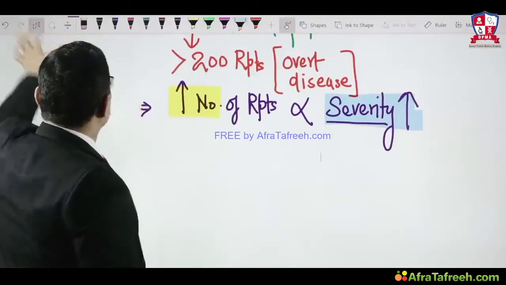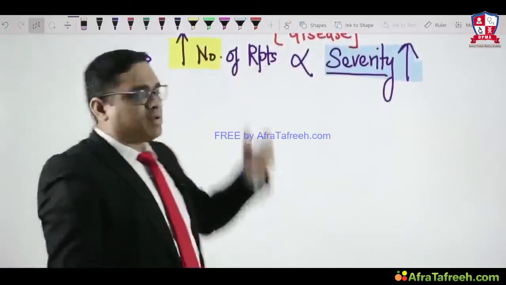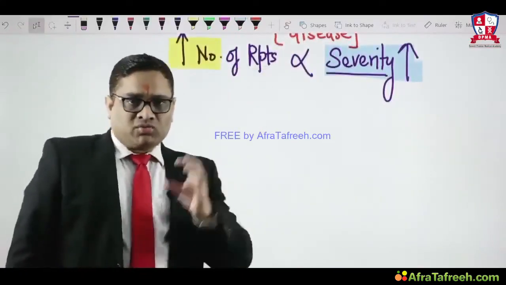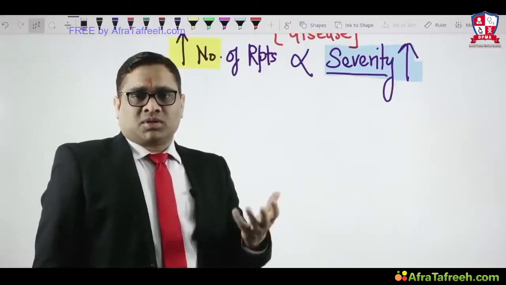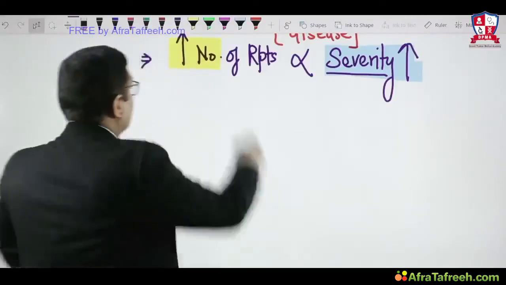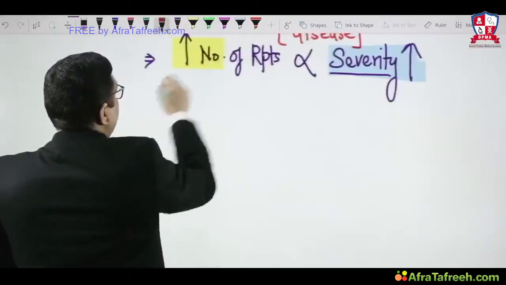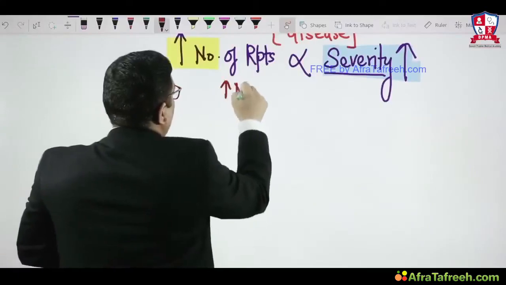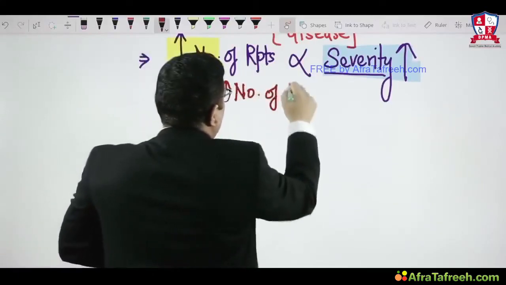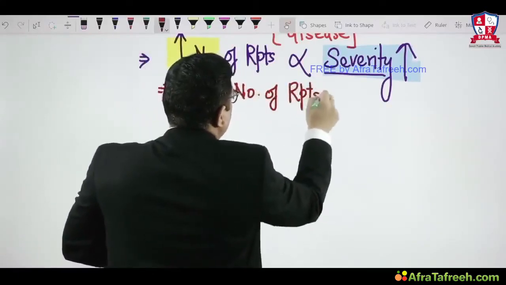Now the question comes to our mind: does this number of repeats increase during oogenesis or spermatogenesis, or both? That is how the examiner will ask the question: the number of repeats will be increased in which condition, right? So here you can see there is an increase in the number of repeats.